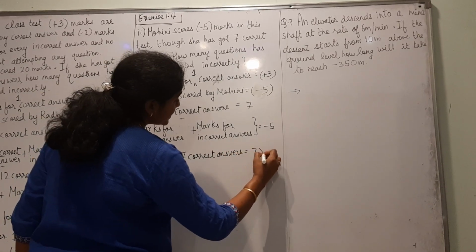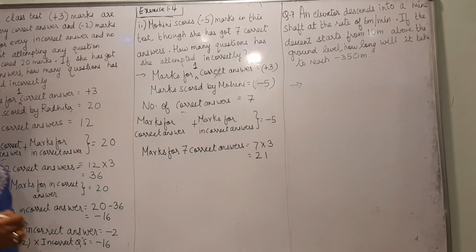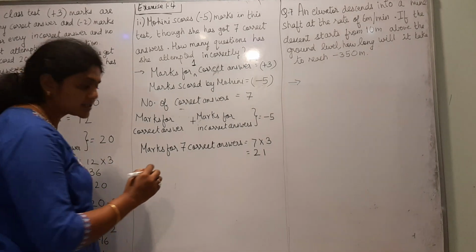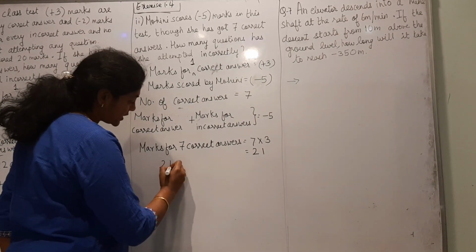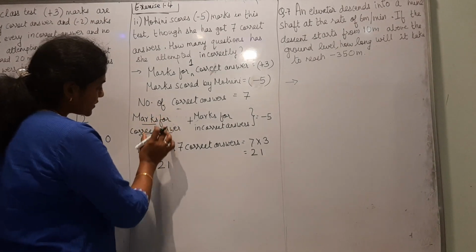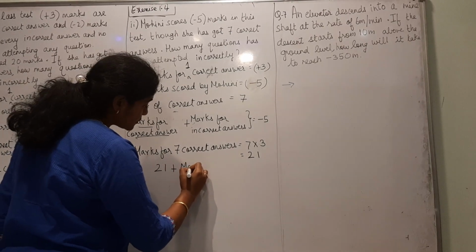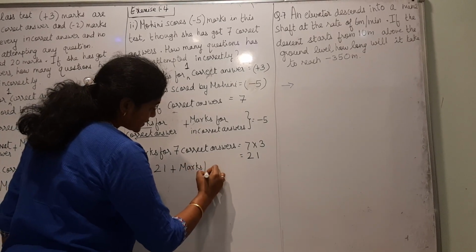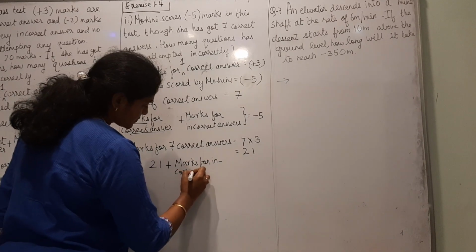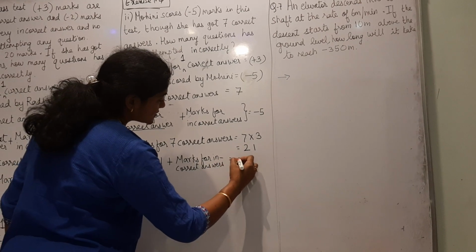That is 7 into 3, that is 21. So for correct answers, the marks she got is 21. So 21, this part we have got. Plus marks for incorrect answers, that is -5.